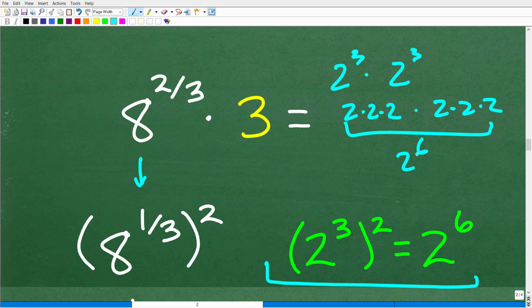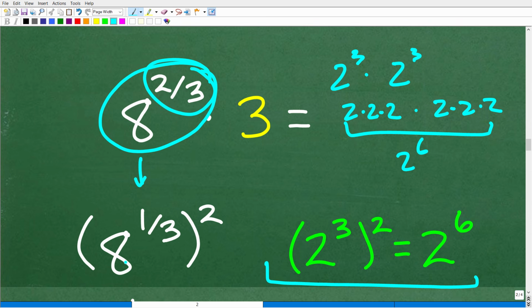But the great thing about this particular property is that we can use it to break up a fraction like this. Here we have 8 to the 2/3, and we can factor out a 2. Now this is a little trick that you can use, but we want to do this because we want to think of this 8 as 8 to the 1/3, not 8 to the 2/3.